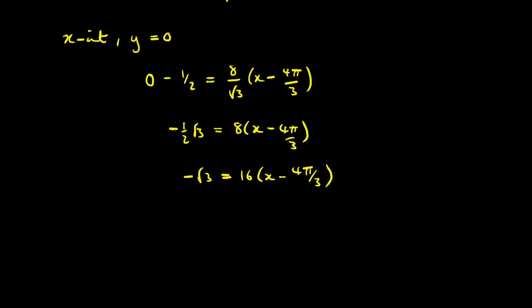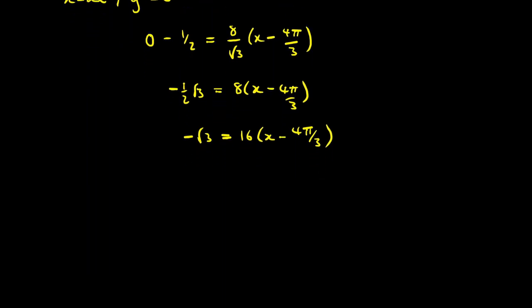Okay, then having done that, I think I'll expand the bracket. So I'm going to get here 16x minus, well, I'm going to get 16 times by 4 pi upon 3. So 16 times by 4, 32, 64. I'm going to get there 64 pi upon 3. And then what I will do is I'm going to rearrange.